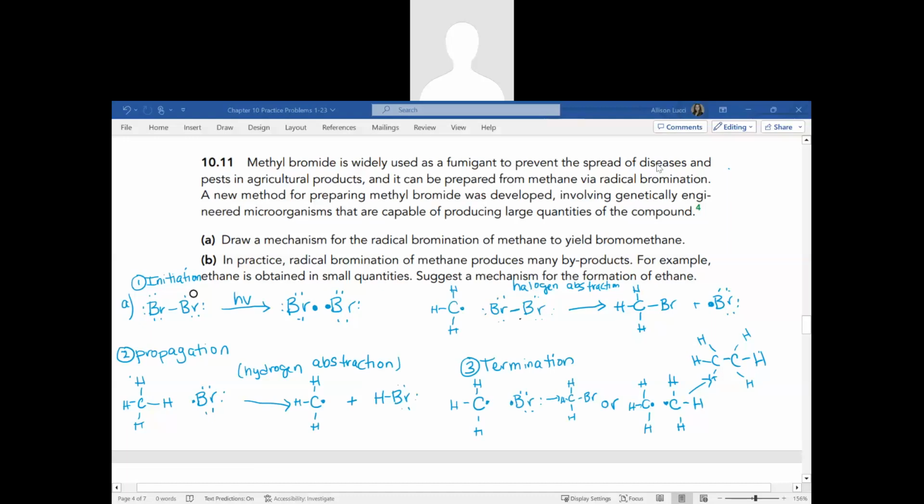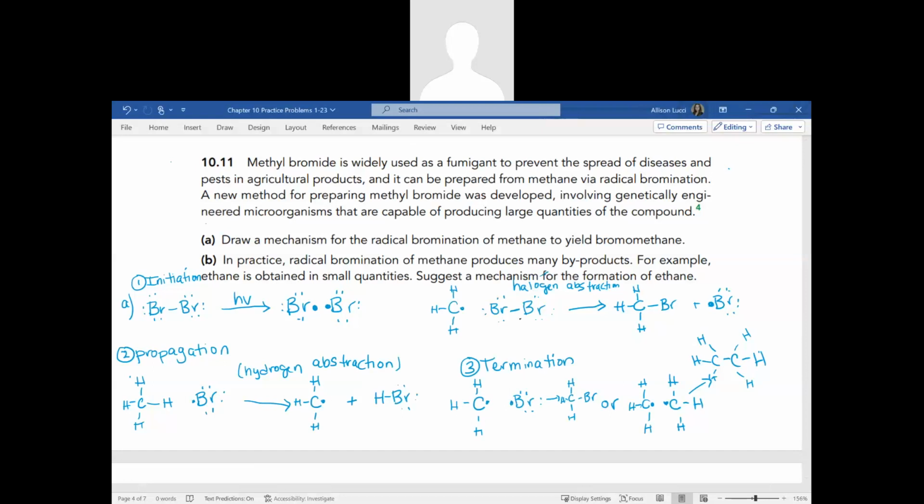Problem 11 is similar to problem 10 that you may have viewed in the fact that they ask us to draw a radical mechanism for the radical bromination of methane to yield bromomethane. So we saw something similar in problem 10 with our multiple stages of this radical reaction that we'll see here.